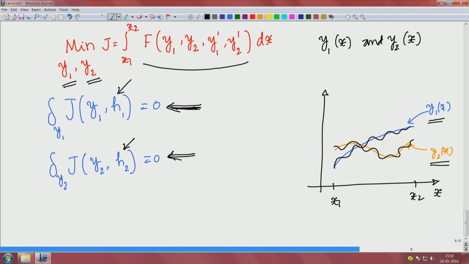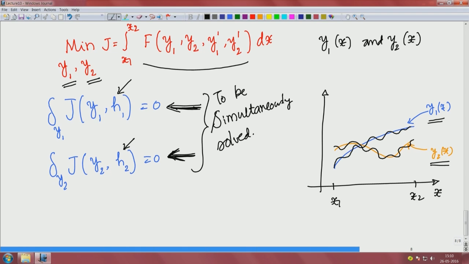Similarly, this equation does not mean that it is going to have only y2, it is going to have y1 and y2. Both of these differential equations have to be solved simultaneously. We get two differential equations, both are simultaneously solved.